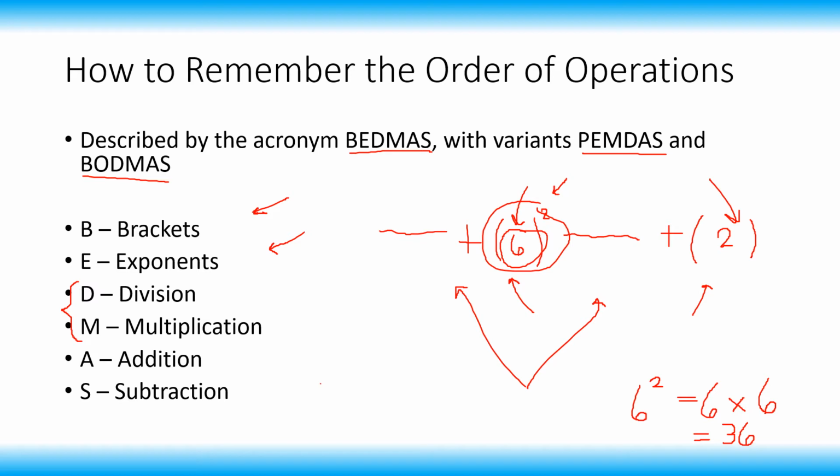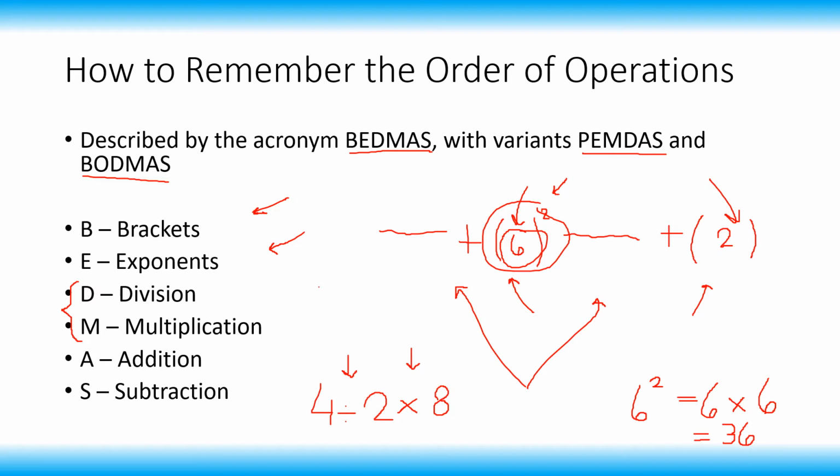Like if you have 4 divided by 2 times 8, then just go left to right. First do the division, 4 divided by 2, and then when you have your answer to that part, take that answer and multiply it by 8.